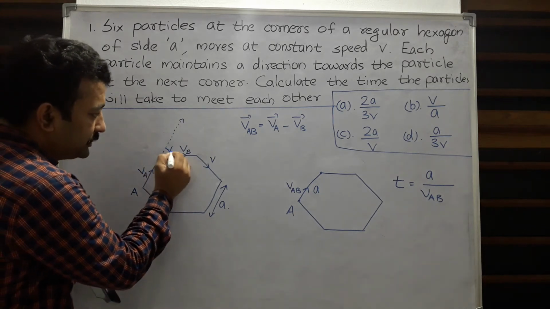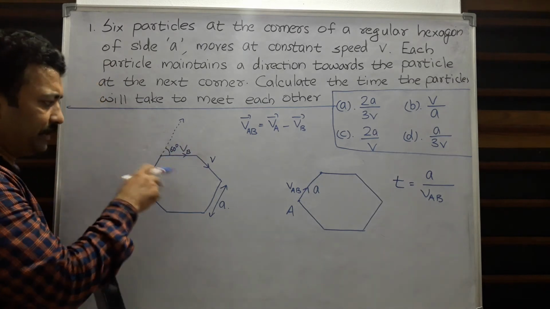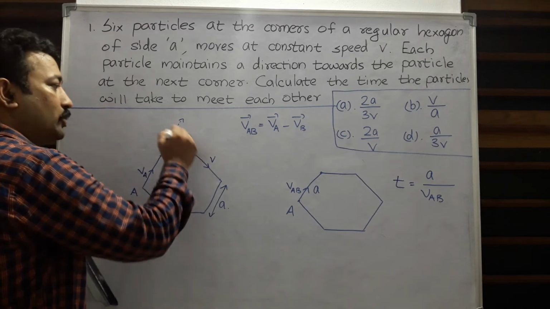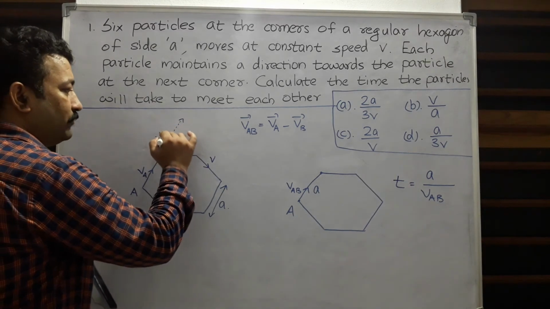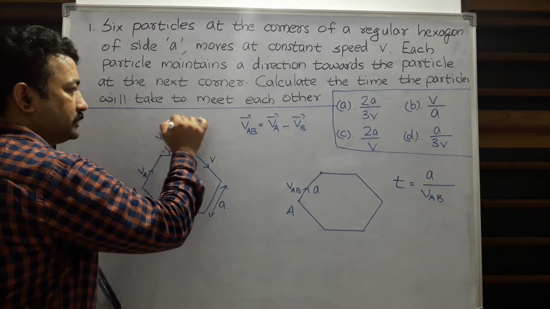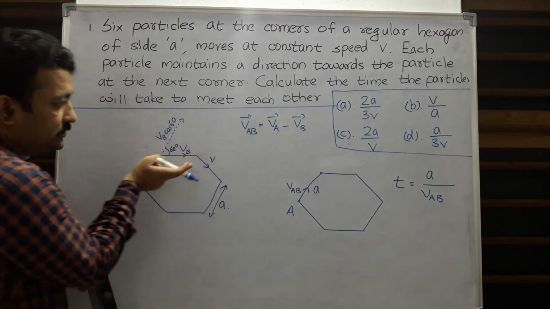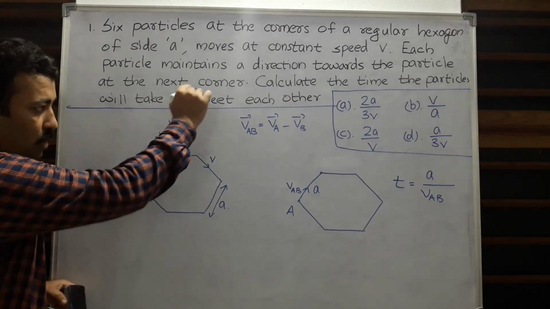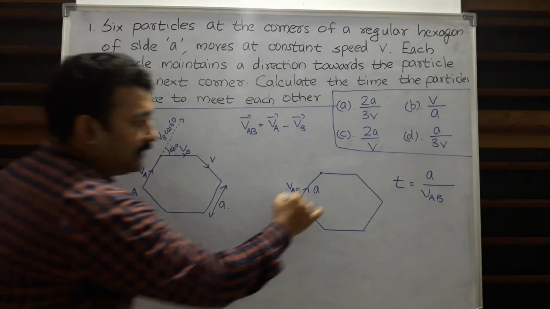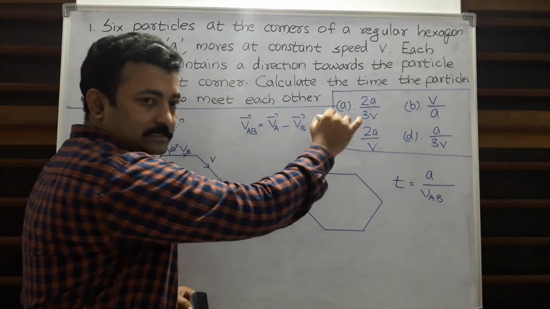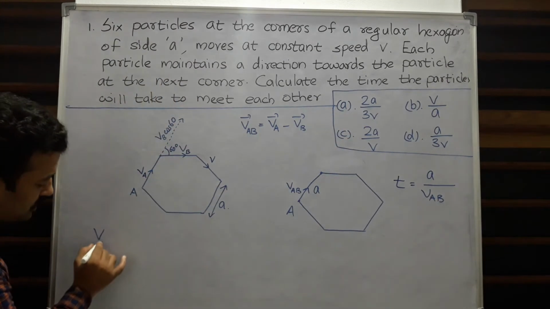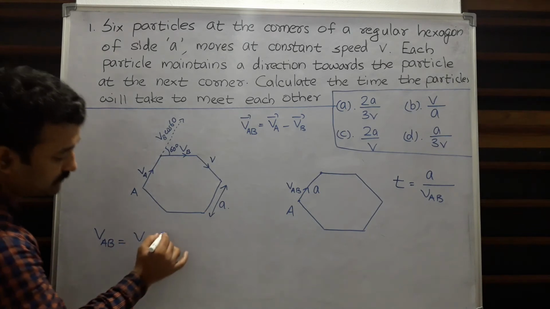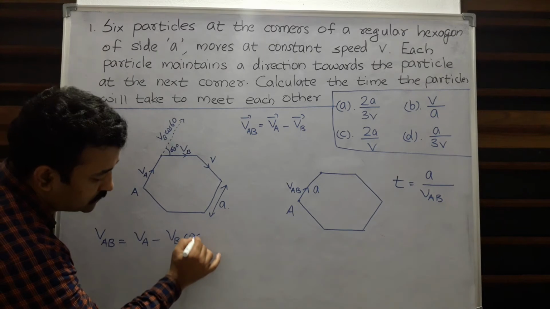This angle will be 60 degrees. For a regular hexagon, all the angles are 60 degrees. So the component of VB onto that line will be VB cos 60, because this is the adjacent side. That is the line in which the displacement is taking place. So VAB is equal to VA minus VB cos 60.